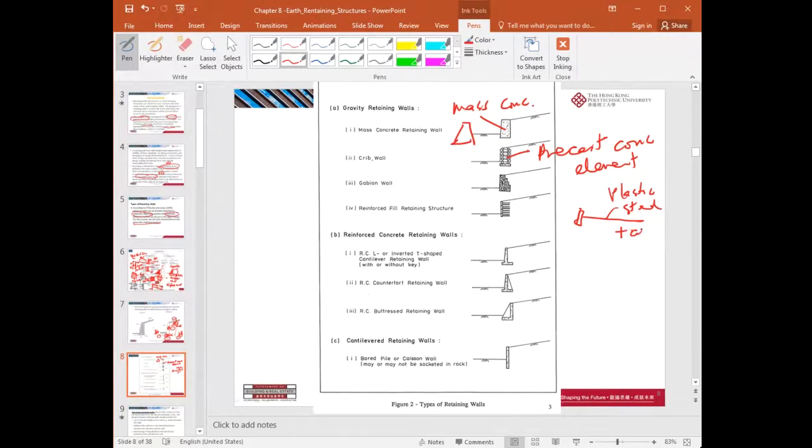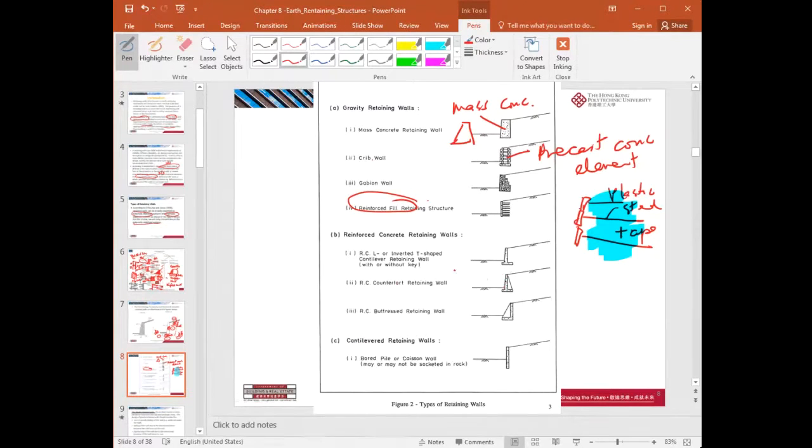And then you infill with the soil particles, so that gives you the reinforced earth. The soil medium is reinforced with, say, steel tape or plastic tape.